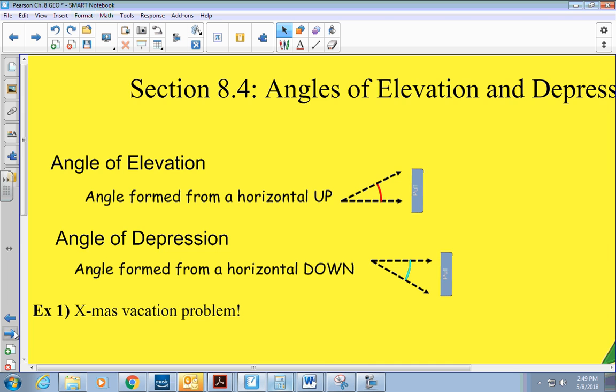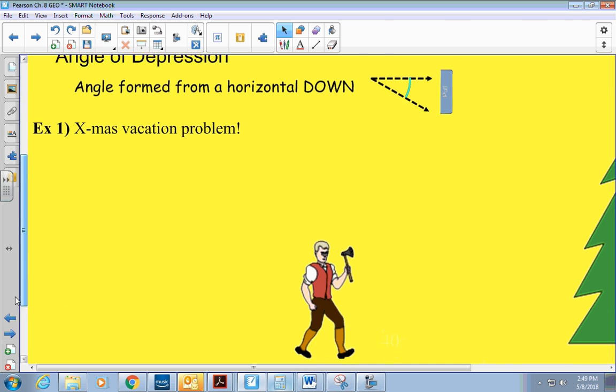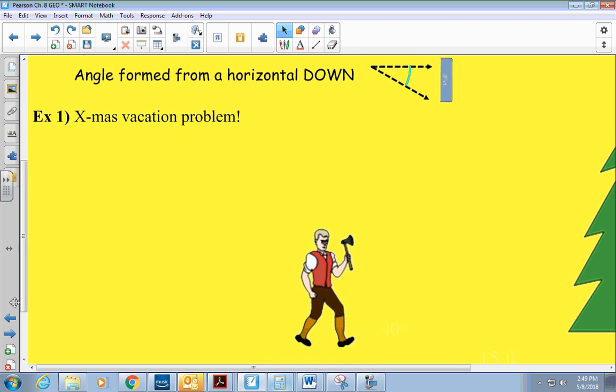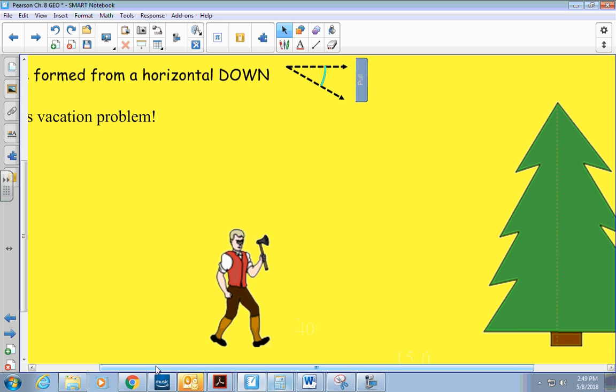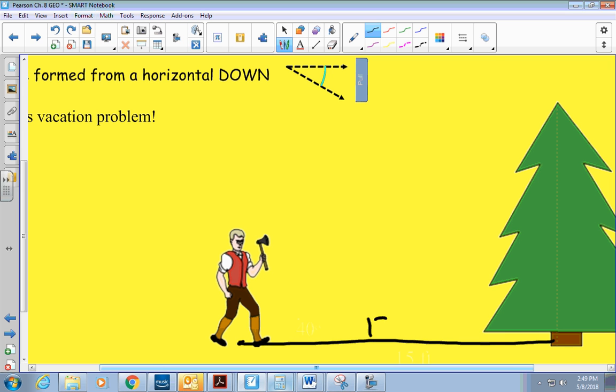Okay. Here's our Christmas tree problem. We are 15 feet from the base of our little tree that we're going to chop down. We are 15 feet from the tree.